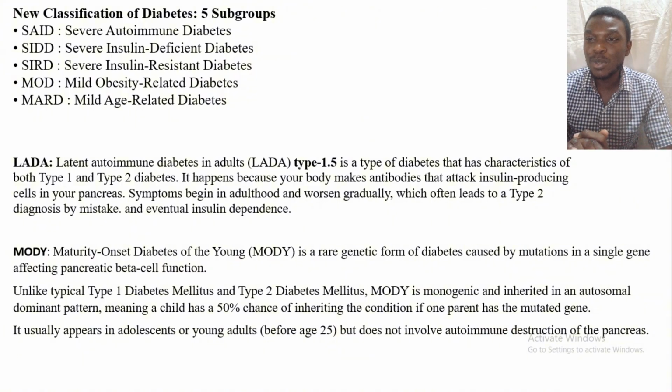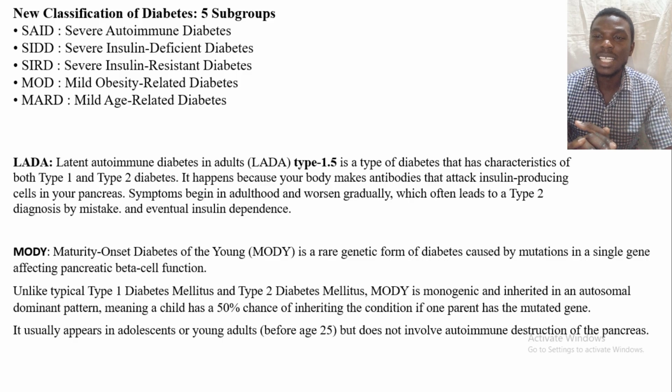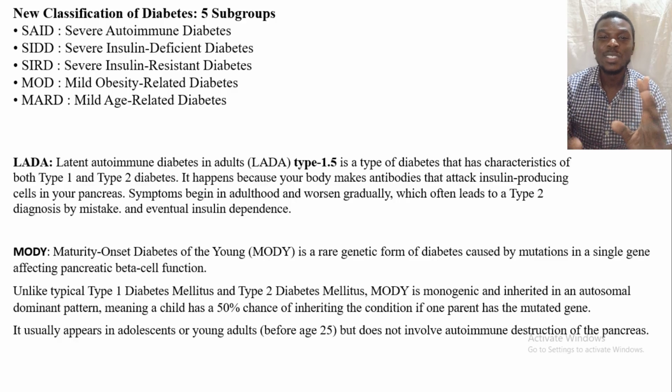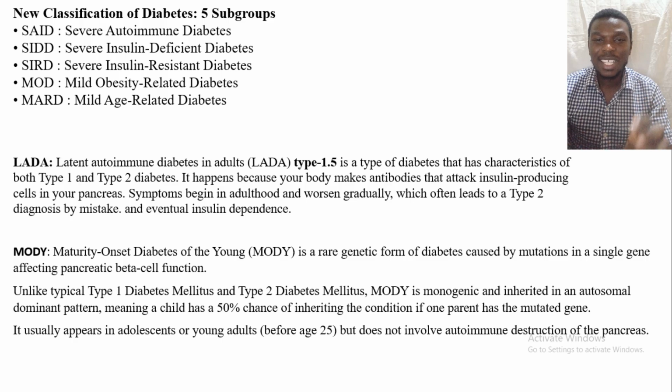So it happens because your body makes antibodies that attack insulin producing cells in your pancreas. Symptoms begin in adulthood and worsen gradually, which often leads to a type 2 diagnosis by mistake and eventually insulin dependence. So you have a patient that is presenting with both risk factors of type 1 and type 2.